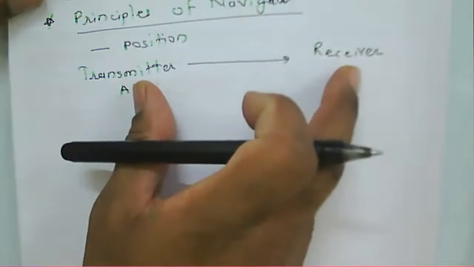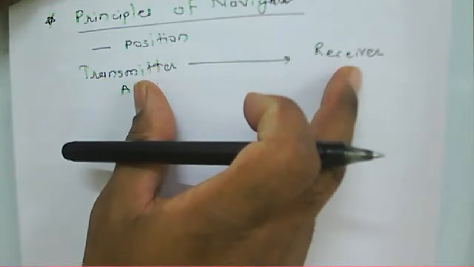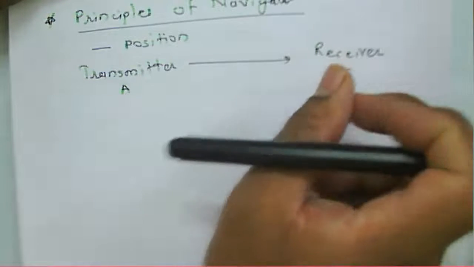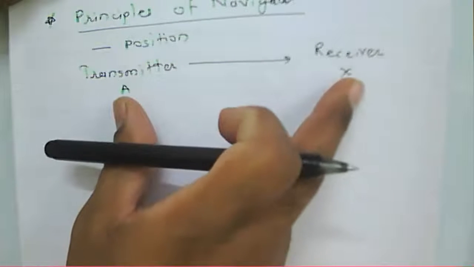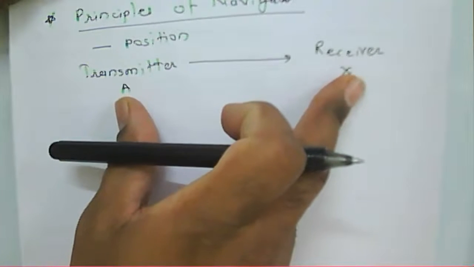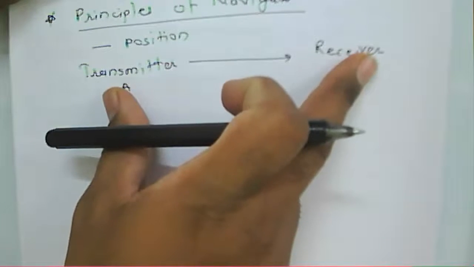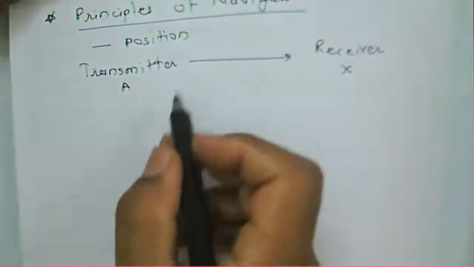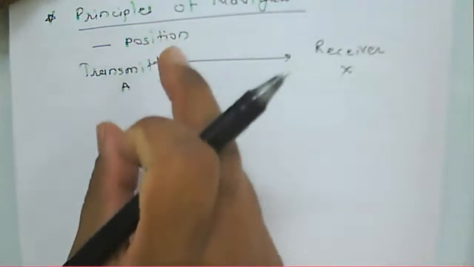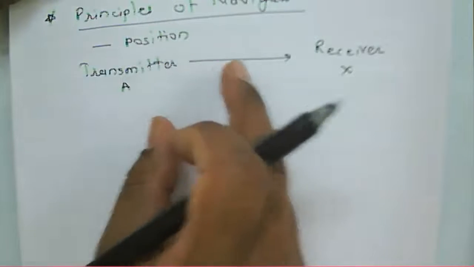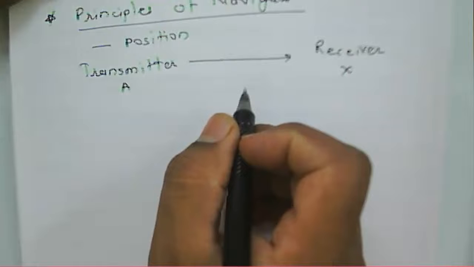If they are at a large distance, there will be a large delay. That delay can be calculated from the exact instant the signal is transmitted and the exact instant it is received by the receiver.